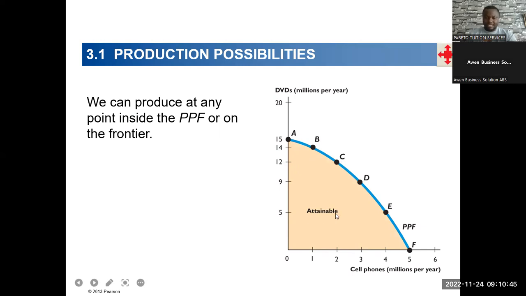If you take a point here too, we have 2 units of cell phones and then 5 units of what? DVDs. They are all attainable, which means that the current resources that we have will permit us to actually produce those combinations. So any point on the PPF or within the PPF is seen as an attainable combination. Are we together?